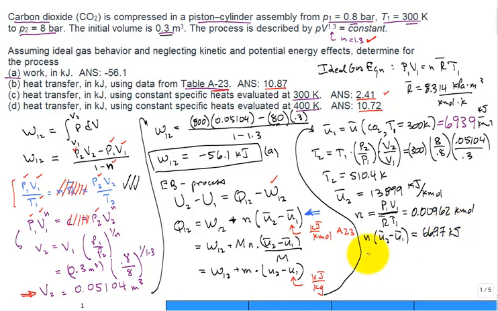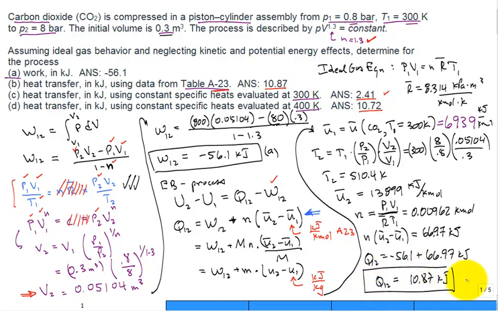And so now Q1 to 2 is equal to the work we calculated, negative 56.1 kilojoule, plus that 66.97 kilojoule. And so Q1 to 2 comes in at 10.87 kilojoule. That's our answer for part B right there.